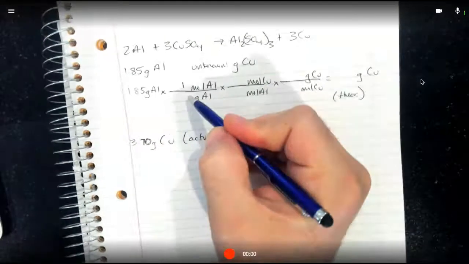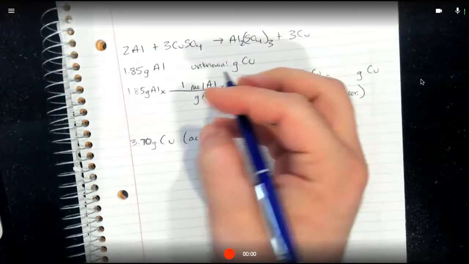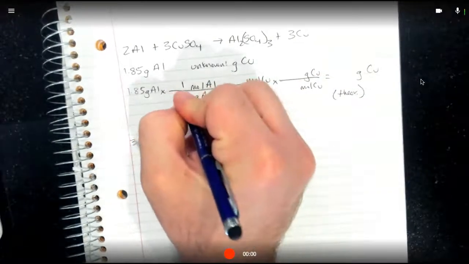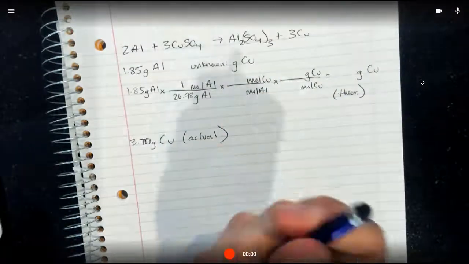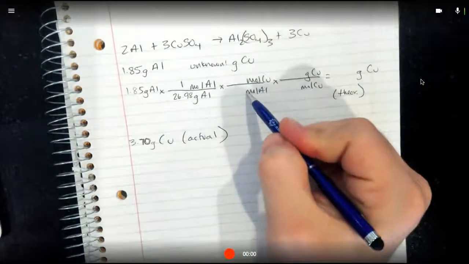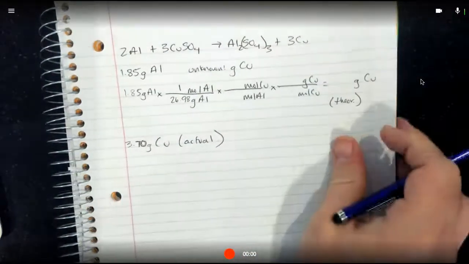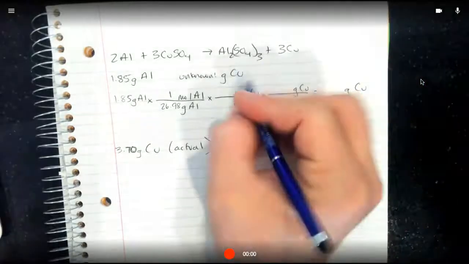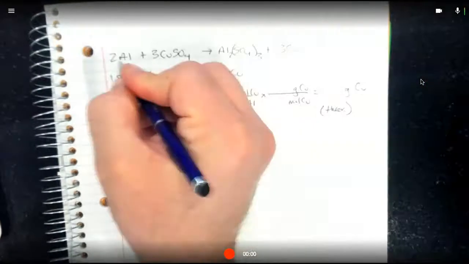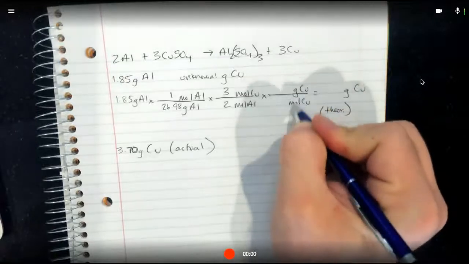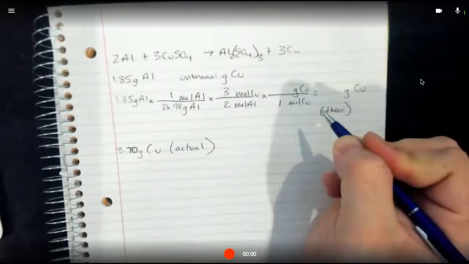So let's calculate this value, mole and gram together. Mole gets the 1. Gram, we're going to use the value from the periodic table, 26.98. Mole over mole, use the coefficients. That's why we need a balanced chemical equation. So we have a 3 for copper and a 2 for aluminum. Gram and mole together, mole gets the 1.